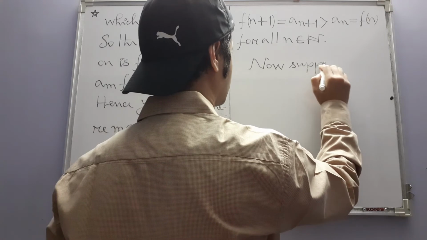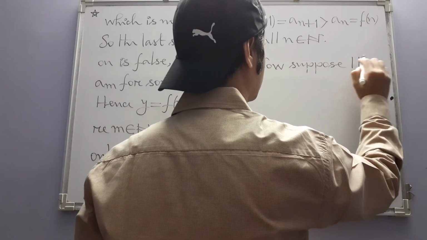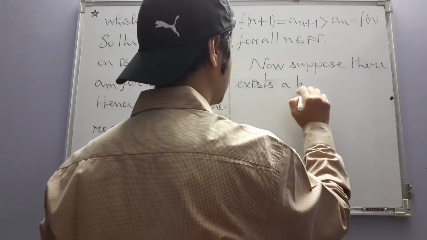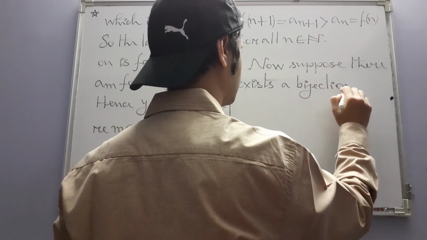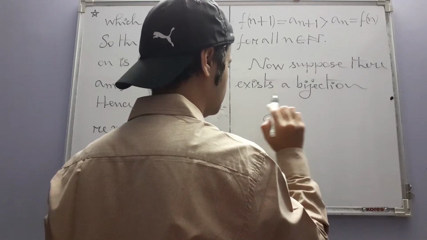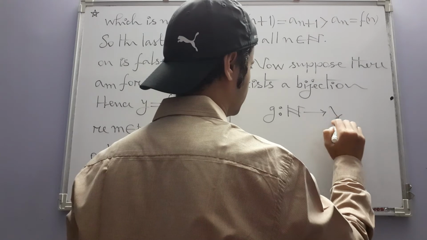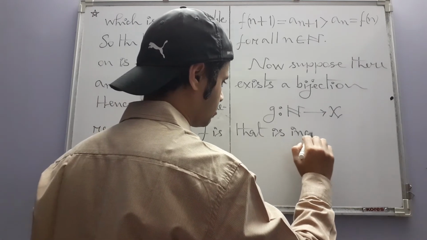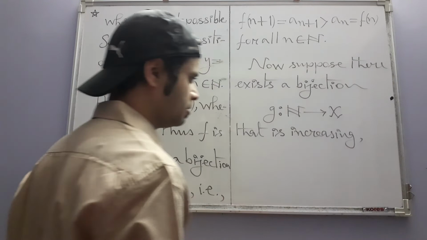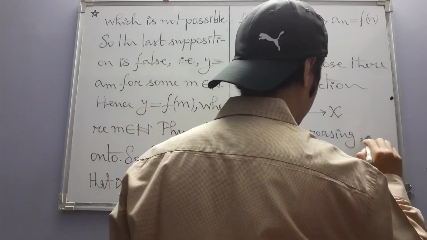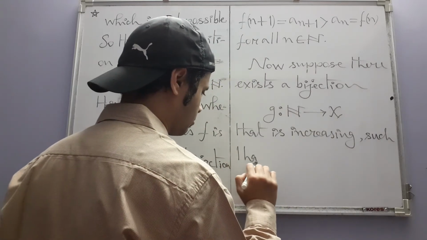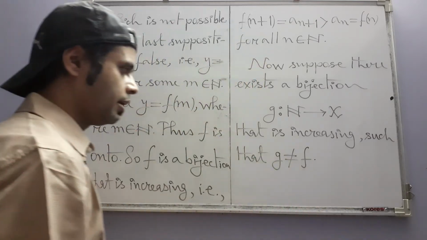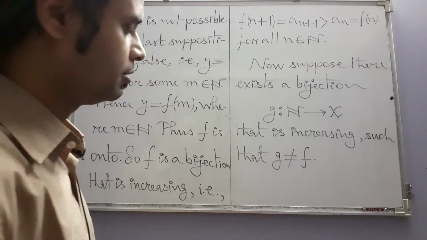Now suppose there exists a bijection g from N to X that is increasing, but that is not equal to f, such that g is different from f. As functions, g and f are distinct.